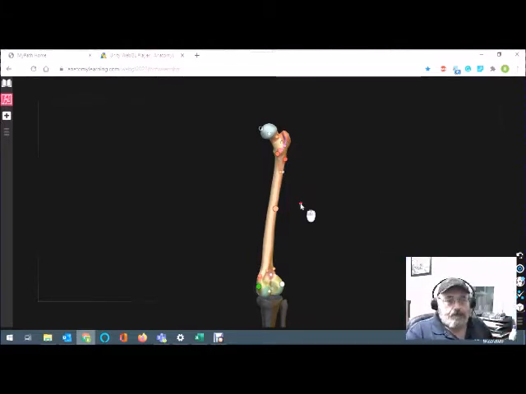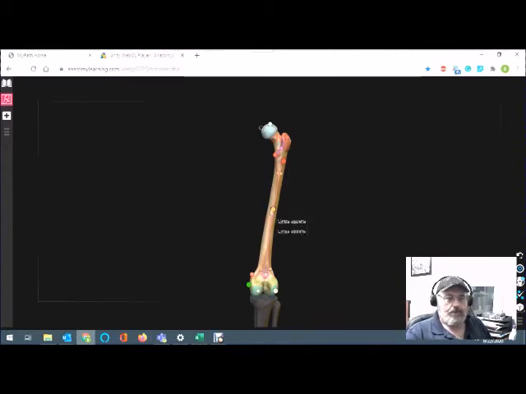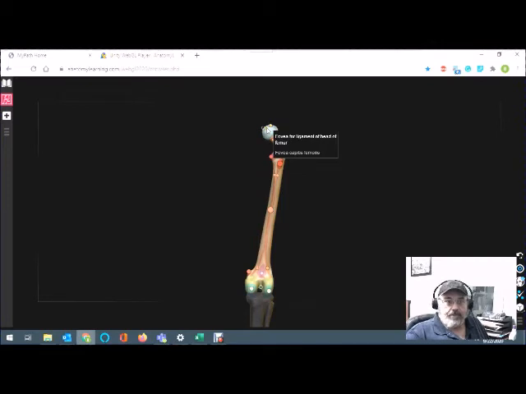Now, other structures, we don't need to worry about the gluteal tuberosity. I want you mostly to be able to identify this bone. You should also be able to identify the medial condyle, and the medial condyle is going to be on the same side that the head is, and the lateral condyle is going to be on the opposite side.